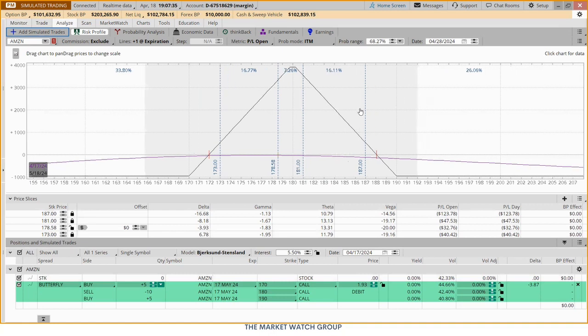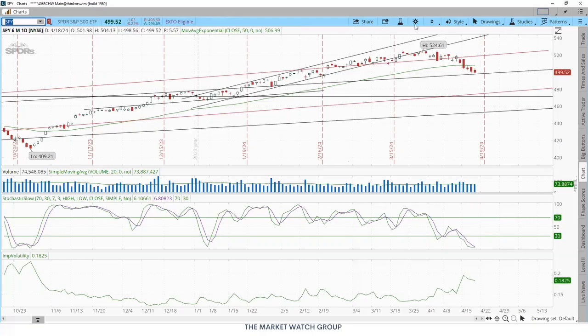Okay. Amazon. Why did we put this trade on Amazon? Well, let's go take a look at a chart. Yeah, this is what we said here. You can see even going into late March, we were still making new highs. The sellers weren't doing anything. And then all of a sudden, right through here, you can see we just sort of fell.